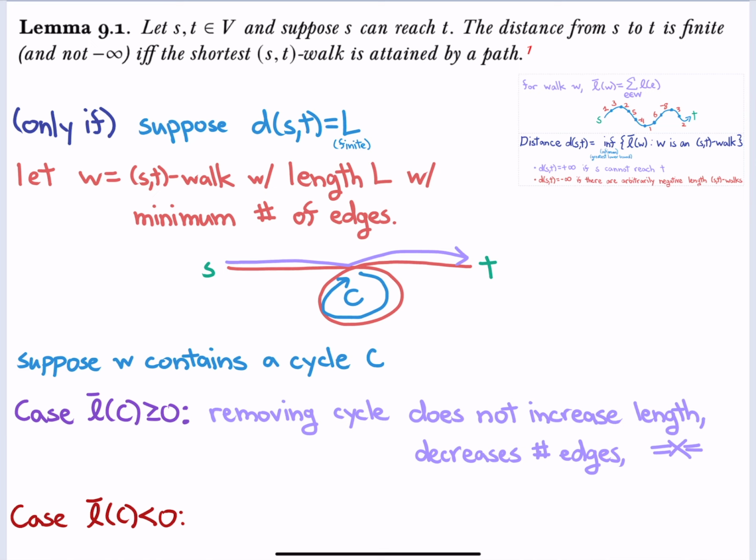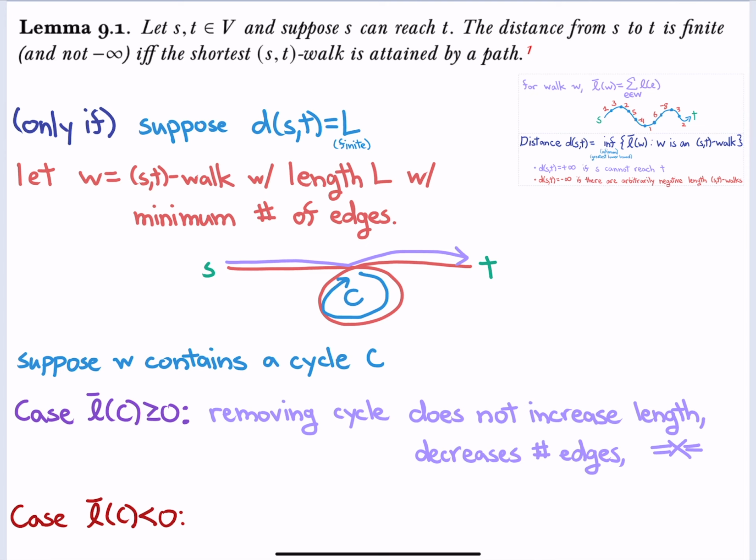On the other hand, I have strictly fewer edges. But W was supposed to be the one with the fewest edges among that length or less. So there's our contradiction. If that cycle was non-negative, I could remove it and decrease the number of edges without increasing the length, and that contradicts our choice of W. That's case 1.